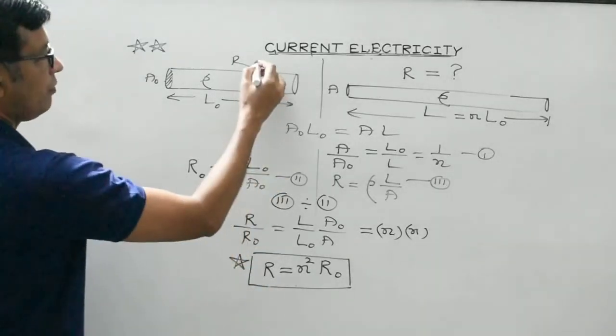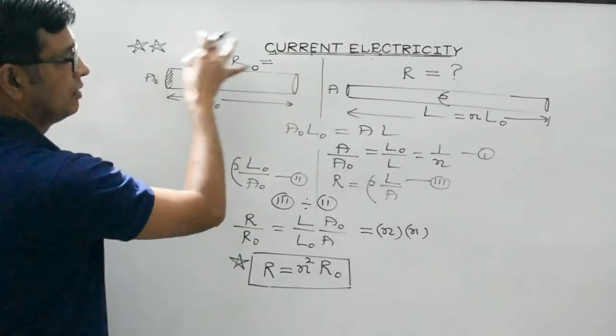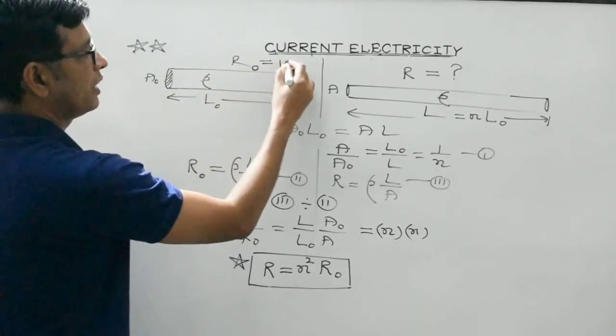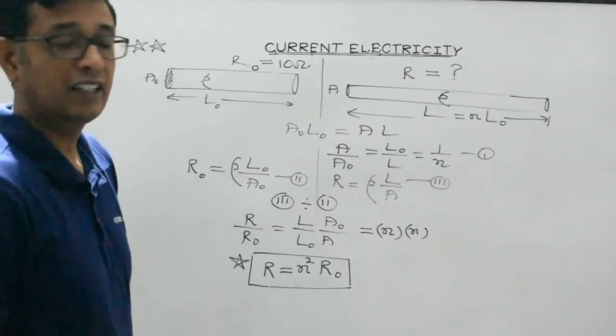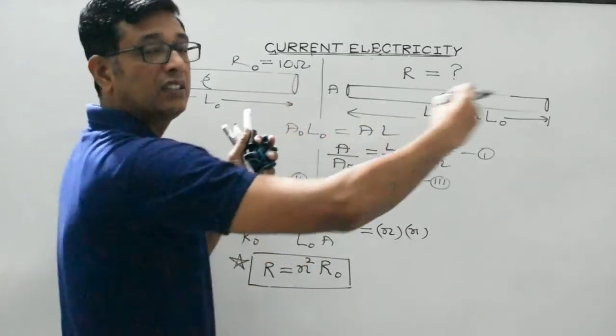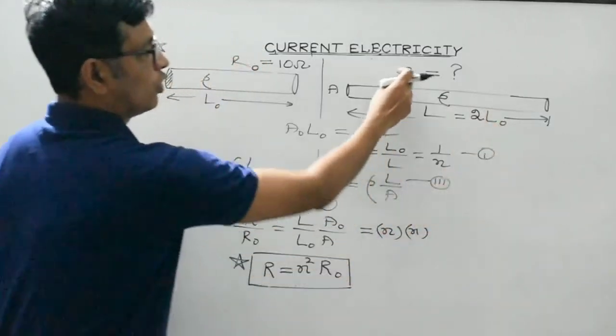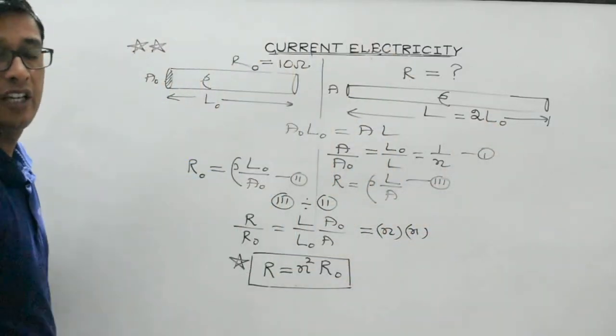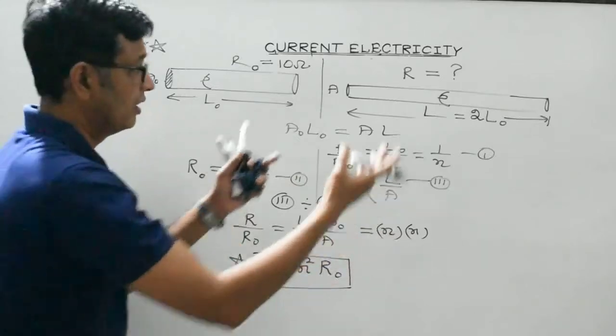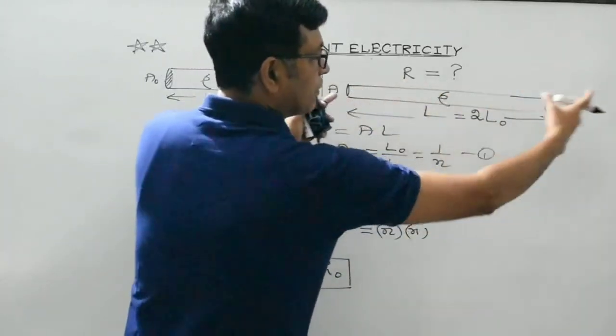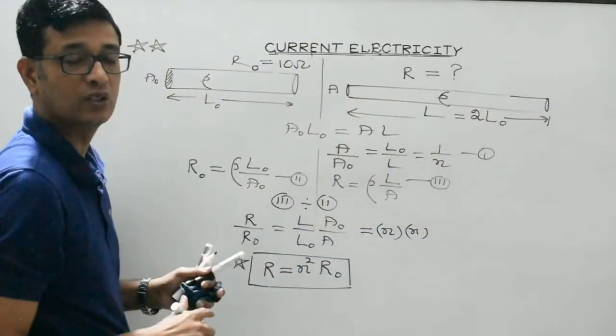Suppose the original wire has a resistance of 10 ohm. And let us consider this wire is stretched to twice its original length. So N is, suppose, 2 times. So what will be the new resistance? It won't become twice. In this case, even if the length becomes twice, its resistance will not become twice. Why?